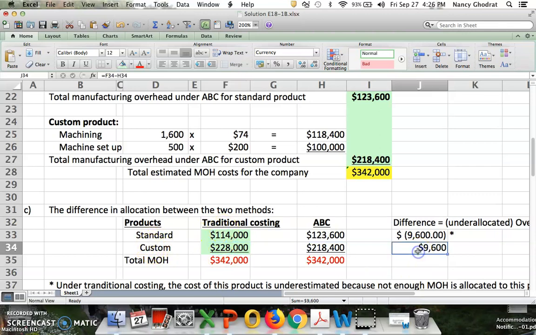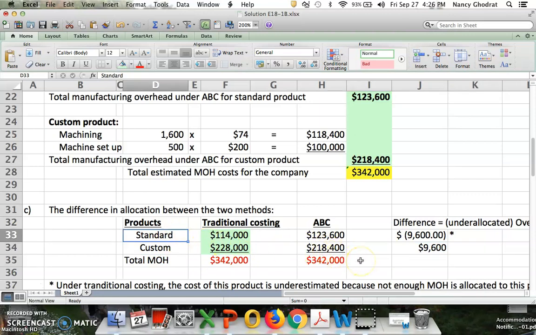And again, this will reflect our selling price. And if we are following traditional costing compared to our competitors that are following the ABC method, then we are not attracting our customers to our custom product, and we're selling our standard product cheaply.